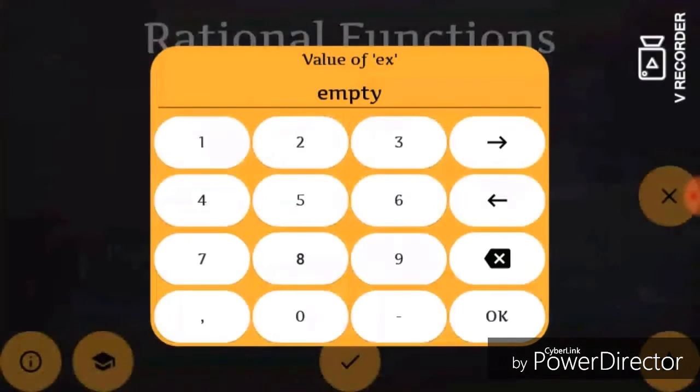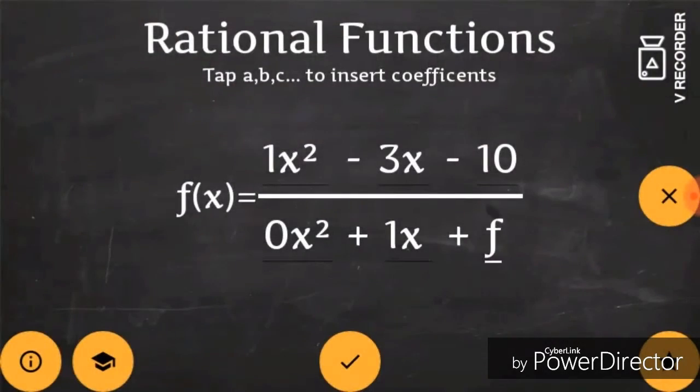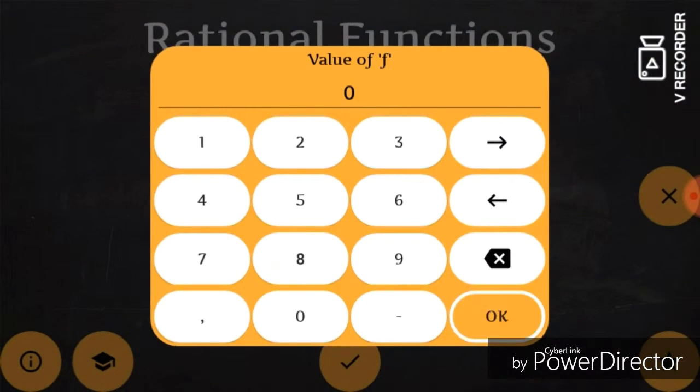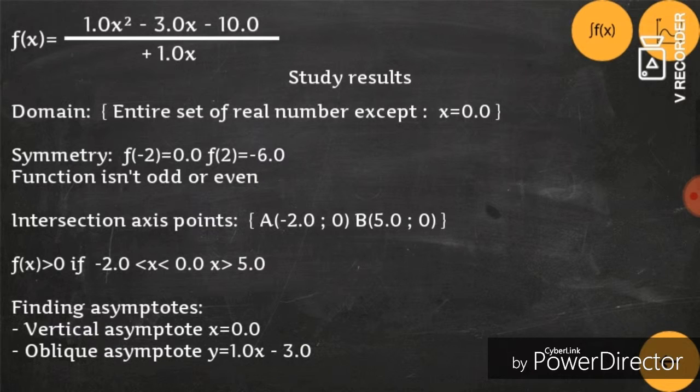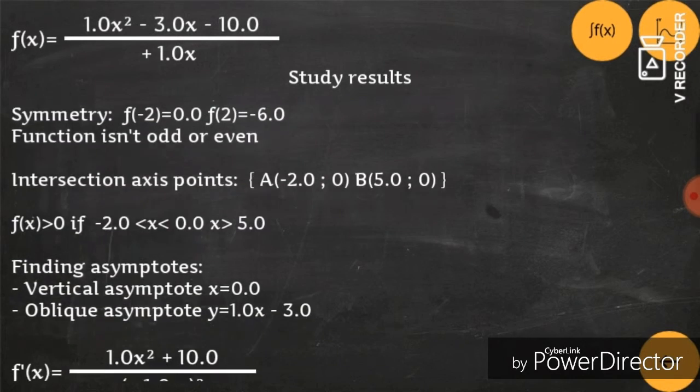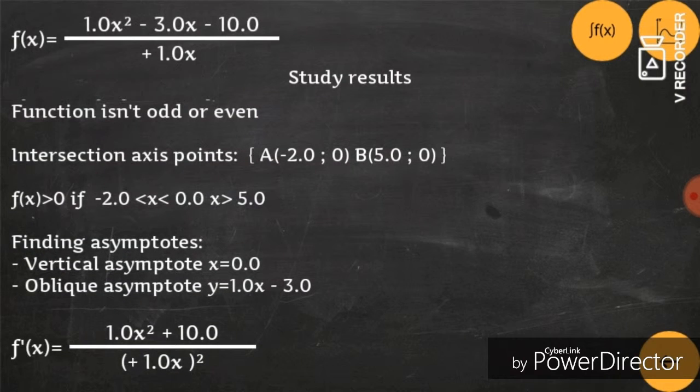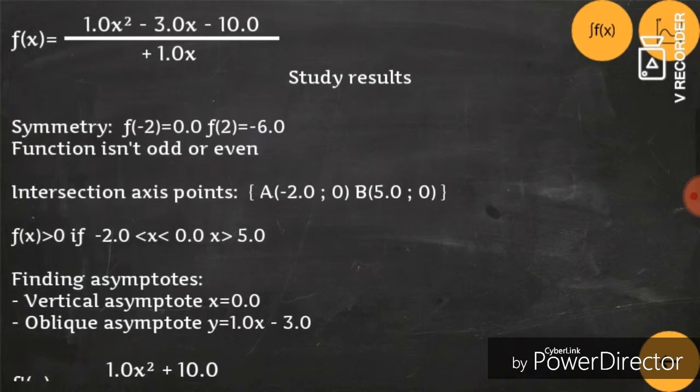Then e is equal to 1 and f is equal to 0 since we don't have a value for f. To study these results, we have the domain, the symmetry, the intersection axis points, the asymptotes, and the zeros.